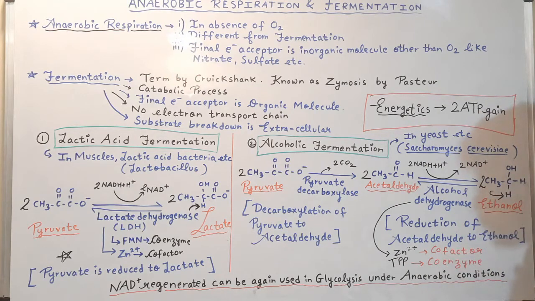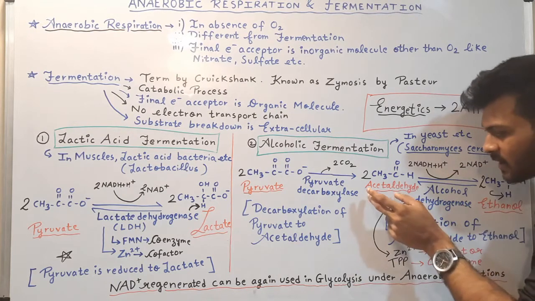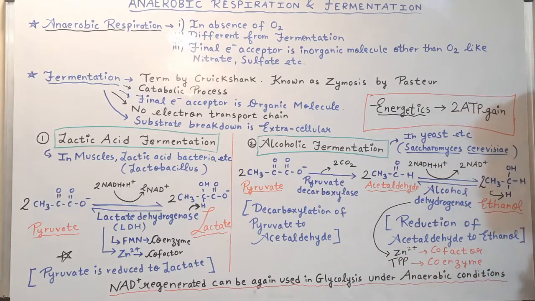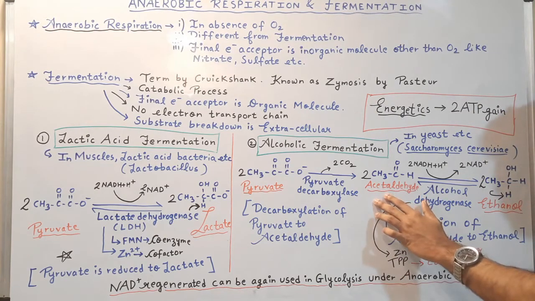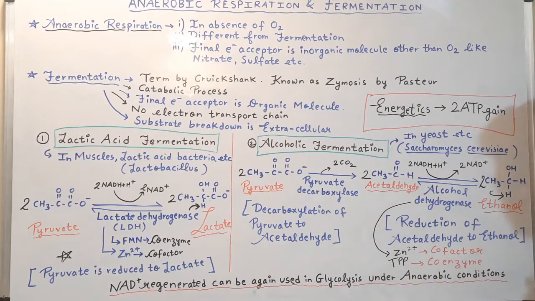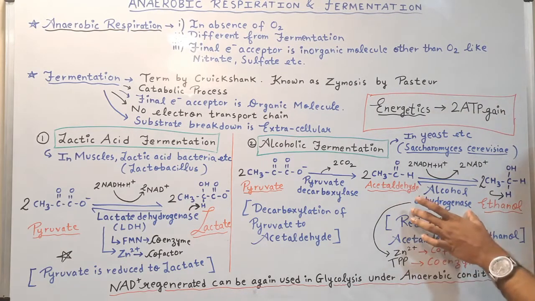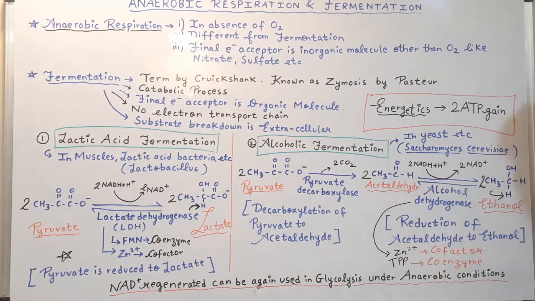To convert 1 molecule of acetaldehyde to ethanol, 1 NADH plus H plus will be used, but since 2 molecules of acetaldehyde are involved, we will require 2 NADH plus H plus molecules so that acetaldehyde can get converted into ethanol. This step is catalyzed by the enzyme alcohol dehydrogenase.